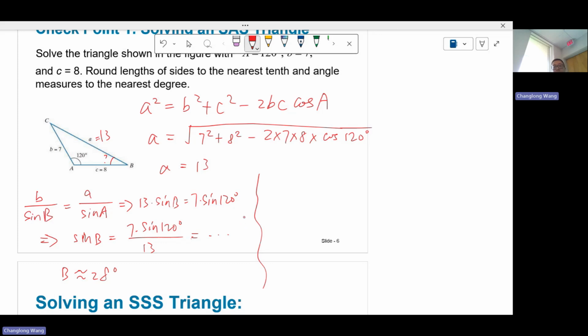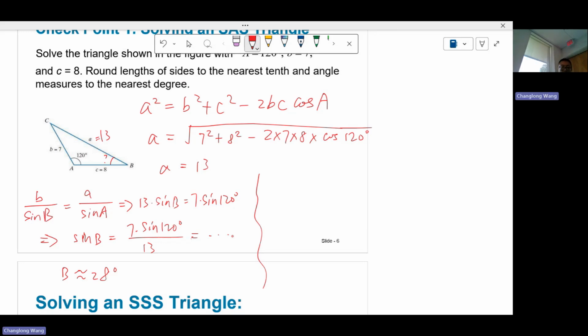And now once you get B, you can find out what C is. But what did I tell you in the past, like 1 or 2 days? Can B be a bit different than 28 degrees? Would there be another angle that could also work? Remember the ambiguity in sine?